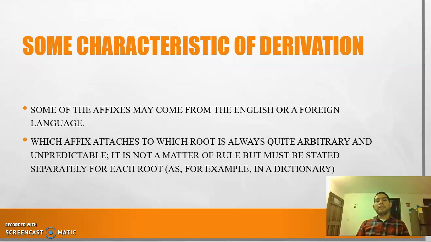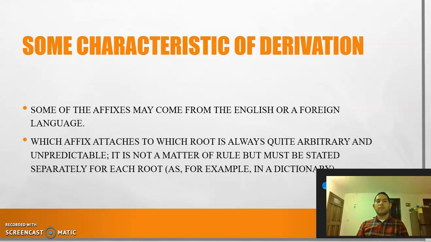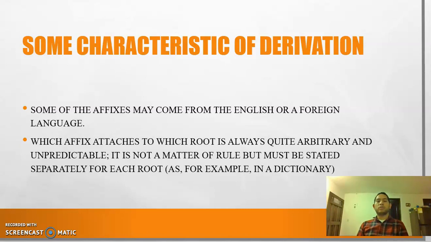So now let's talk about some characteristics of derivation. First, some of the affixes may come from English or a foreign language. So, not all the affixes are from the English language. Sometimes they can come from another language. In English, it is common to see them from French.